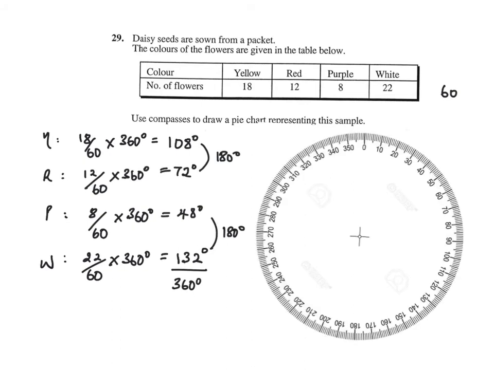So at 108 degrees, I'm going to draw a vertical line first, and then 108 degrees is about here. So another line, not vertical, to this point here.